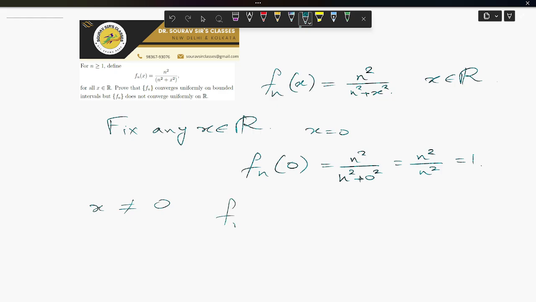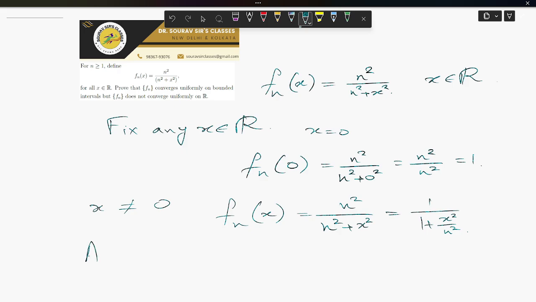Then we have f_n(x) equals n square by n square plus x square. So we can divide the numerator and denominator both by n square. Then we will get 1 by 1 plus x square by n square.